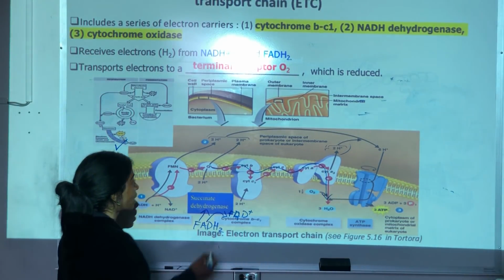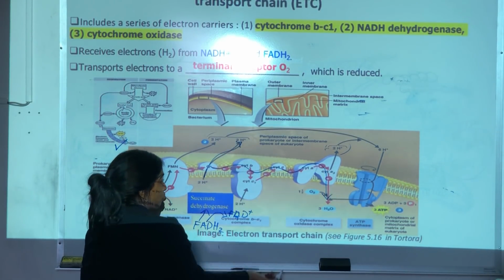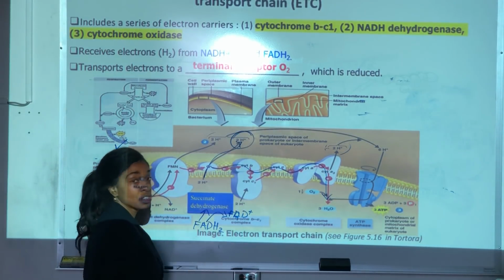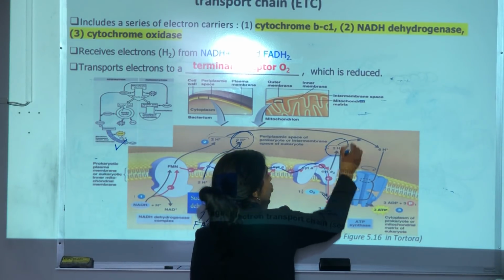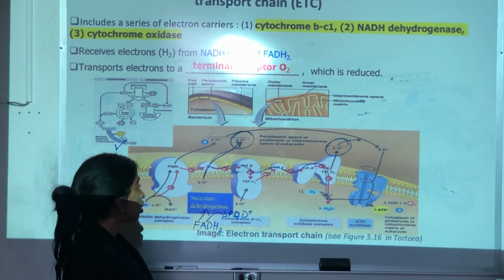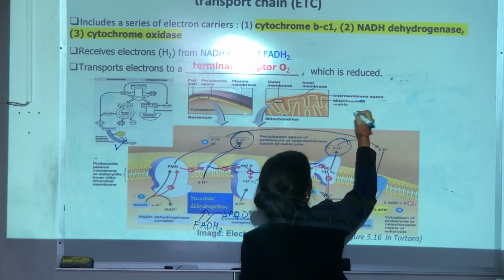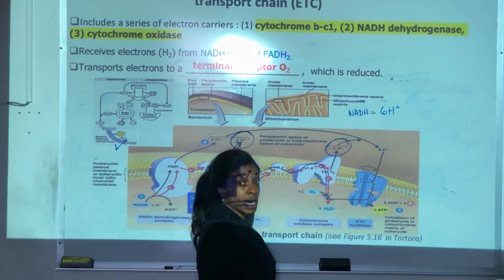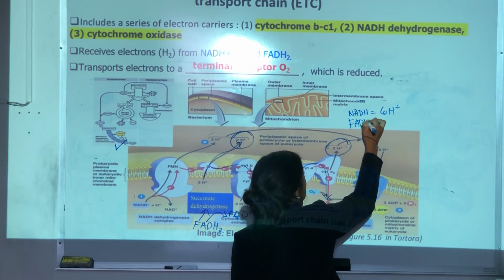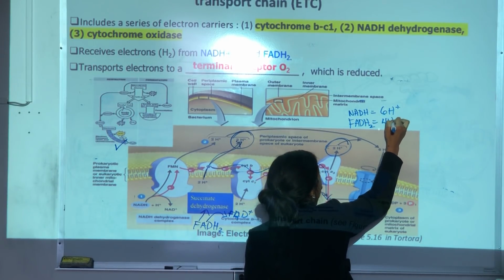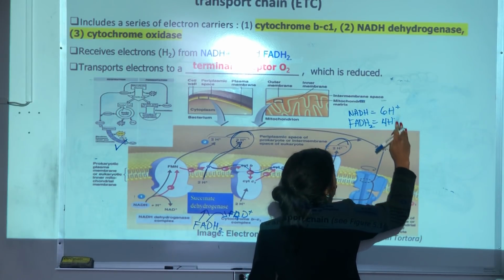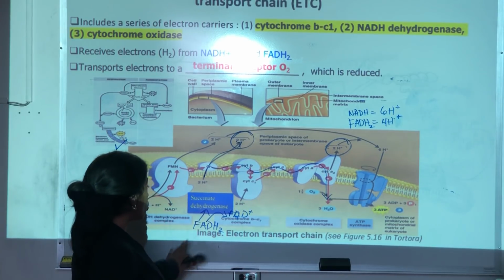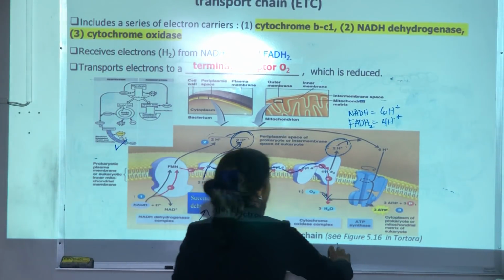But since FADH2 is collected later, only 2 protons will get pushed outside, and then another 2 further down the chain. So in total, from NADH we said we could get a maximum of 6 protons, but for FADH2, since it enters later on, we only get 4 protons. So fewer protons, less concentration outside of the membrane when we're talking about FADH2.